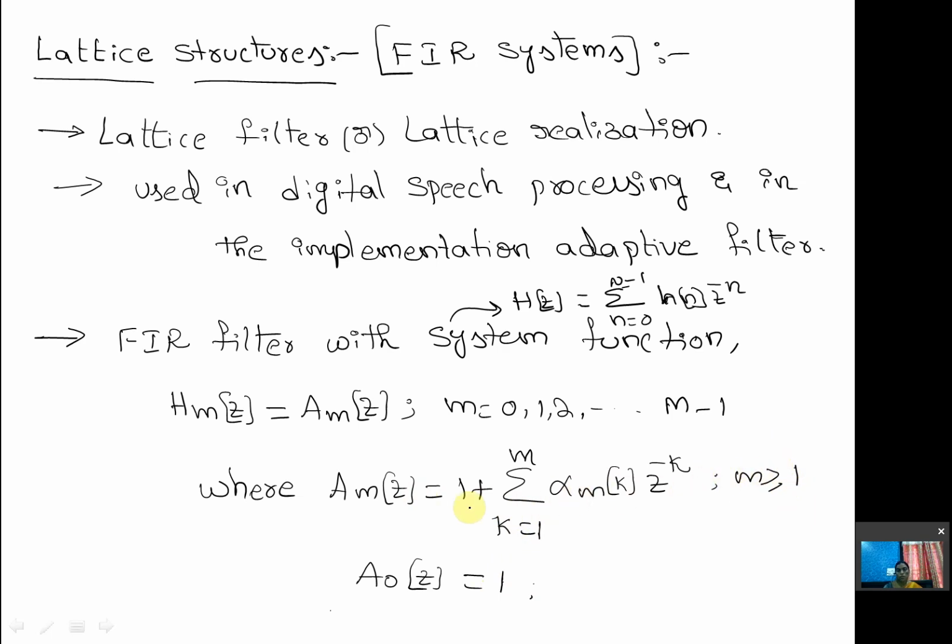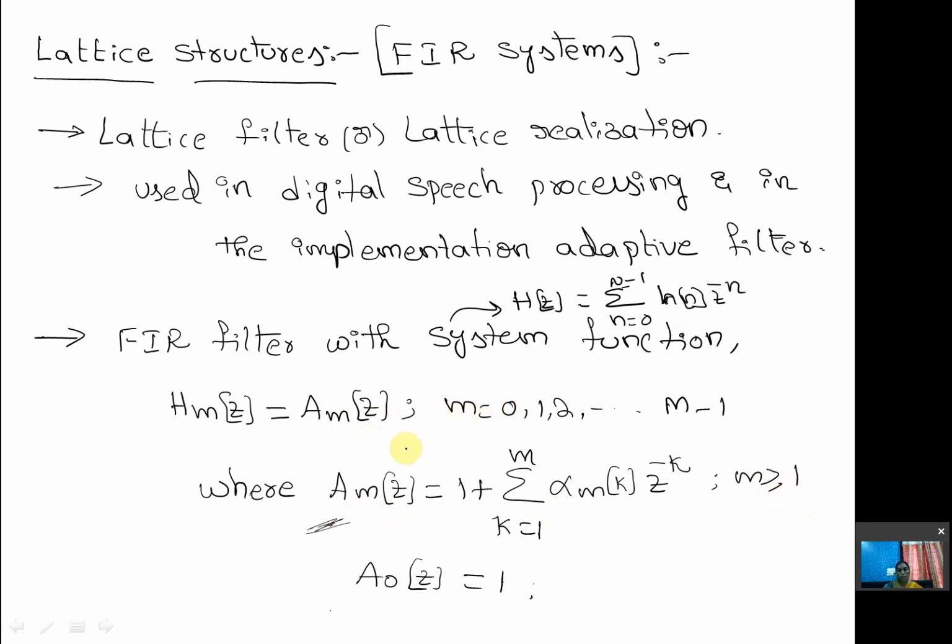Here if k = 0, h of 0 or alpha m of 0 is equal to 1. Okay, so here am of z, actually, means m from 0 to m minus 1, but this equation is only for m greater than or equal to 1. But what about m = 0 here?